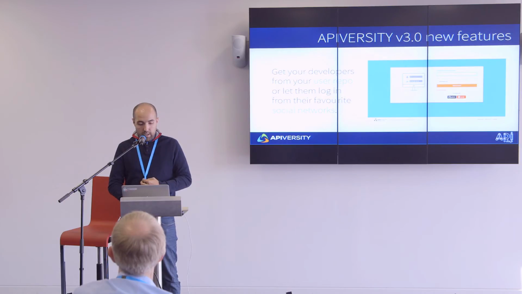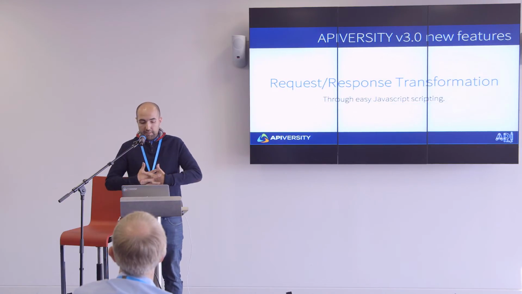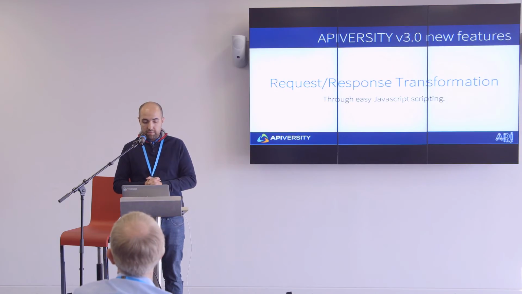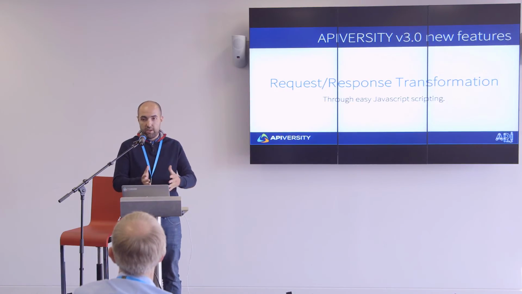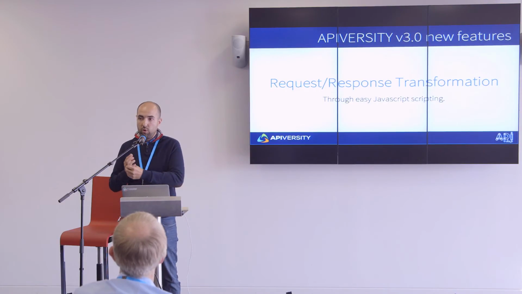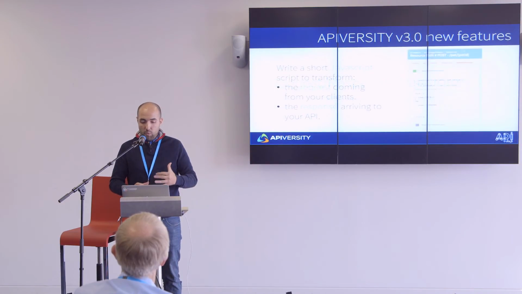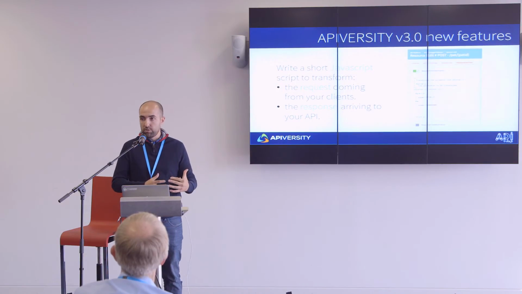Another good thing that we do, this is a fancy one, more techy in terms of who this feature is focused on. What we want to provide is a way for administrators to write small JavaScript scripts, and they can change what happens with the requests and responses.